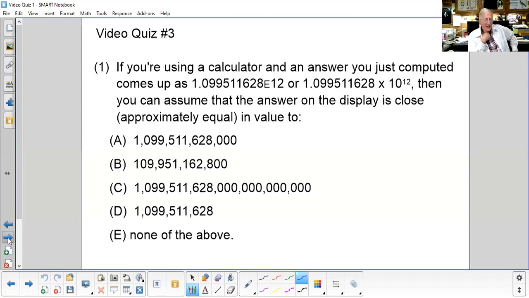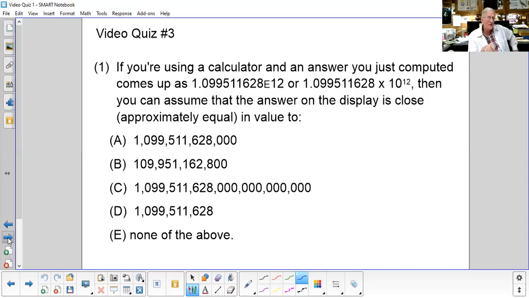All right, if you're using a calculator, and an answer you just computed comes out 1.099511628E12, or 1.099511628 times 10 to the 12th, then you can assume that your answer on the display is close to or is approximately equal to which of these values.